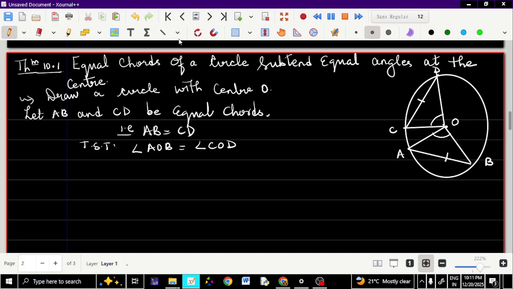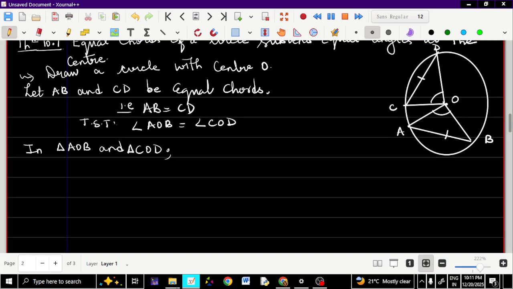So I will have to consider both the triangles AOB and COD. So in triangle AOB and triangle COD, we have to show that both the triangles are congruent. So first you can see that AO is equal to CO. Why are these equal? Because they are radii of the same circle.